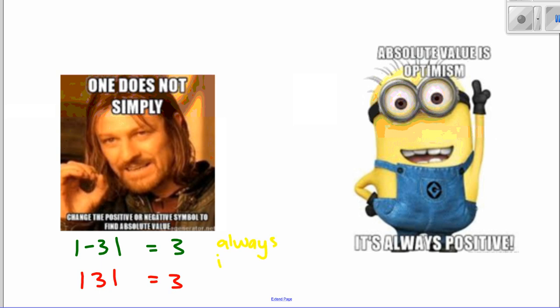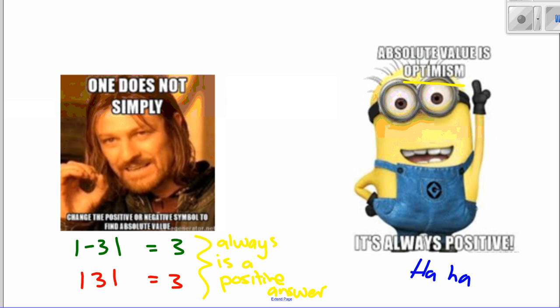It's not that you change the sign, it's just you make whatever the sign is positive no matter what. That's what that little meme is trying to point out. It's saying here absolute value is optimism because it's always positive. That's probably pretty obvious by now.